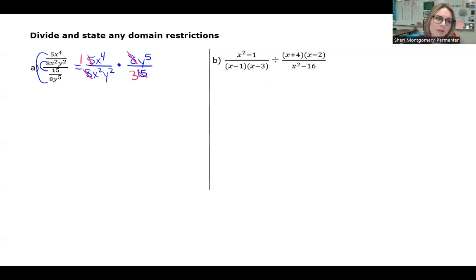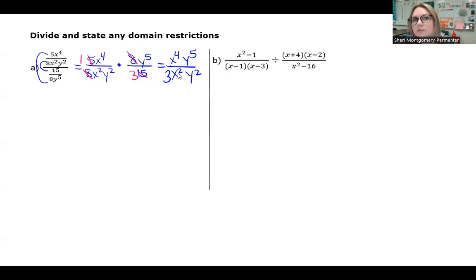And then I will multiply straight across for my exponents. So I have x to the 4th, y to the 5th, over x squared. Oh, there's a 3. 3x squared, y squared. And then I can't have x in the top and the bottom, so I have to reduce. It looks like that I'm bigger on the top and the bottom.